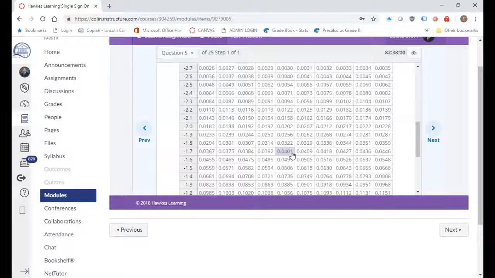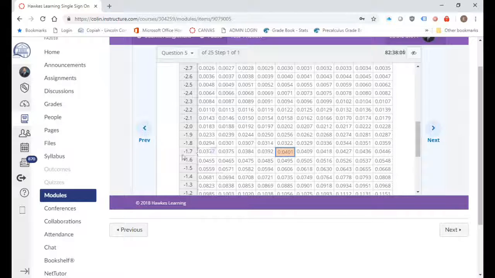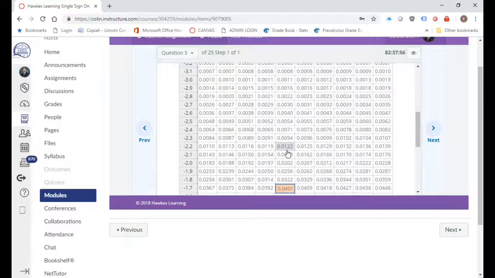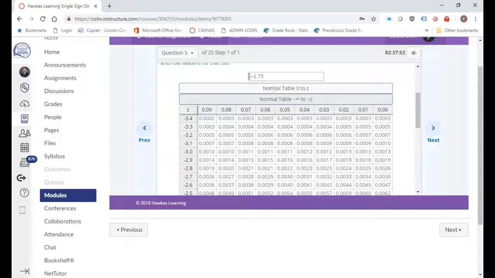That's 1/10,000th away. You can see this other one is close, it's 8/10,000ths away, but this one is closer to 0.04. So what z-score would that be? Negative 1.75. When I clicked on it, it put the answer in the blank for me.